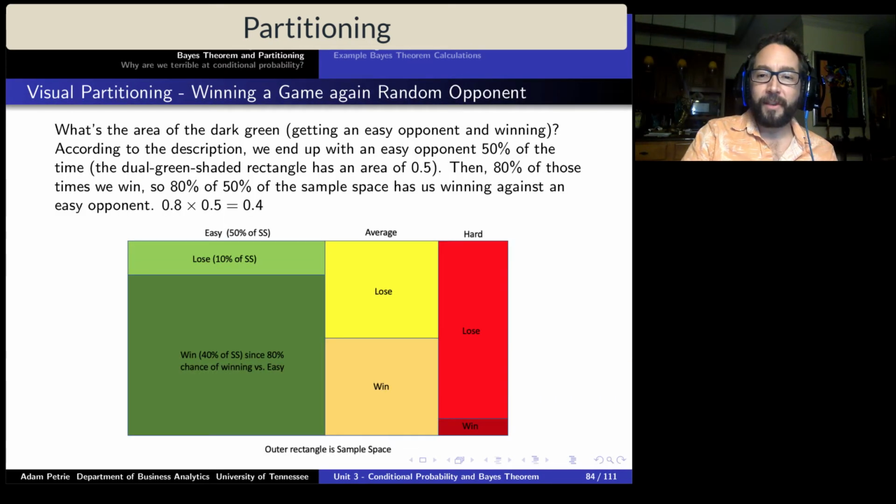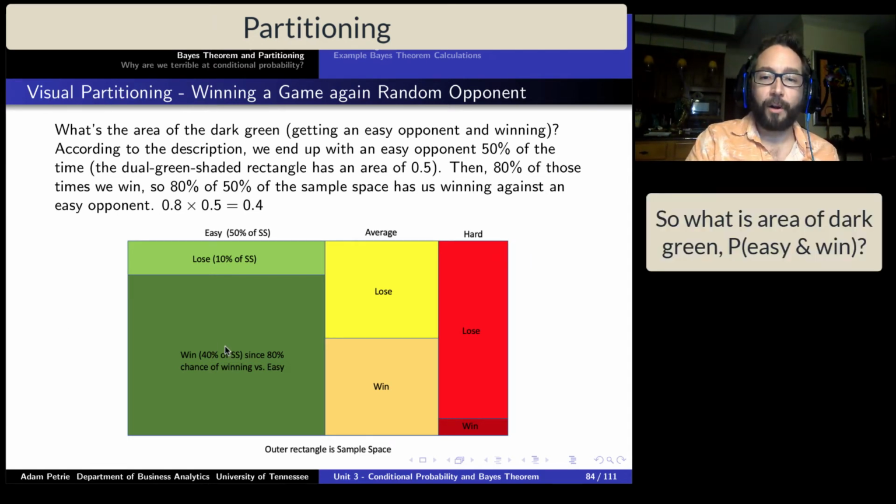Now, one thing we know is how to get these percentages. It's really not too difficult to reason through here. Let's tackle the green one first. Let's figure out the area of the dark green region. One thing we know is that the green region fills up 50% of the sample space because there's a 50% chance of us being matched against an easy opponent.